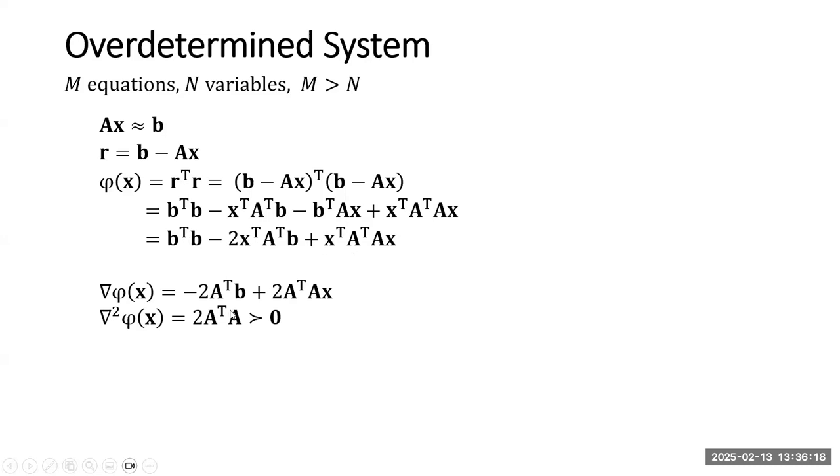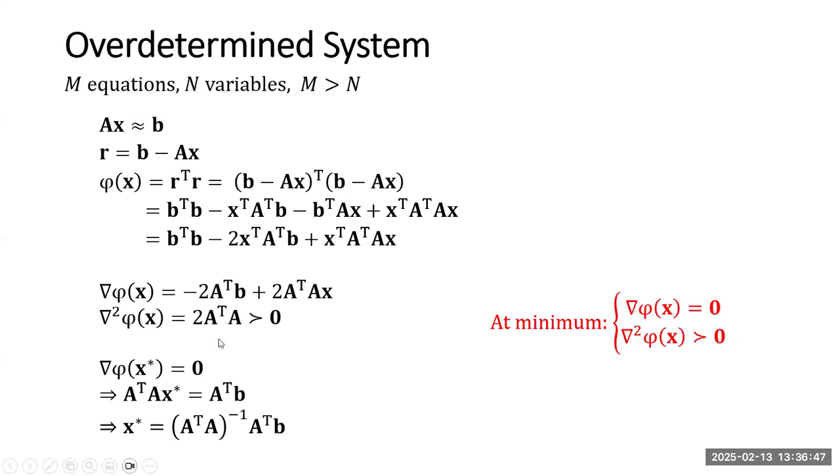So X transpose QX, where Q is symmetric, will give you twice Q, right? So in our case, the Hessian is twice A transpose A. And we've seen that A transpose A will always be positive definite, as long as we assume that A is full rank, by the way. Okay.